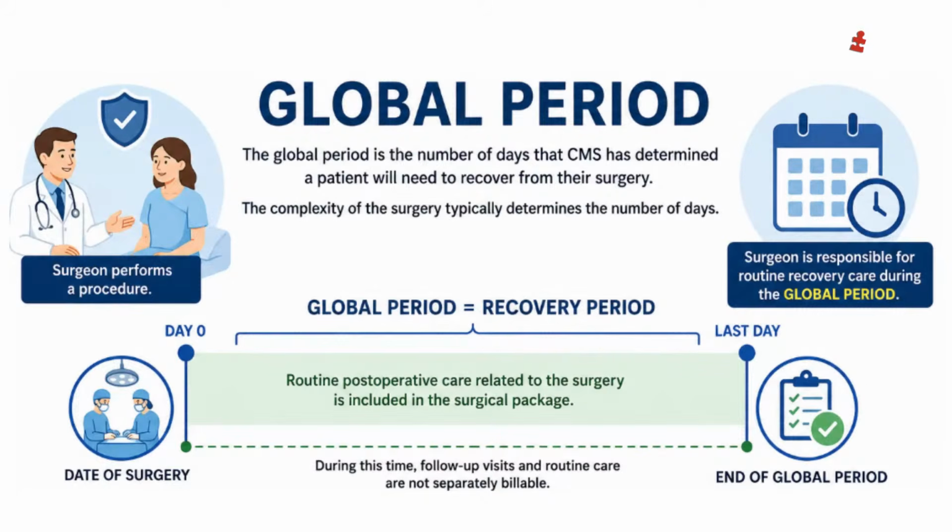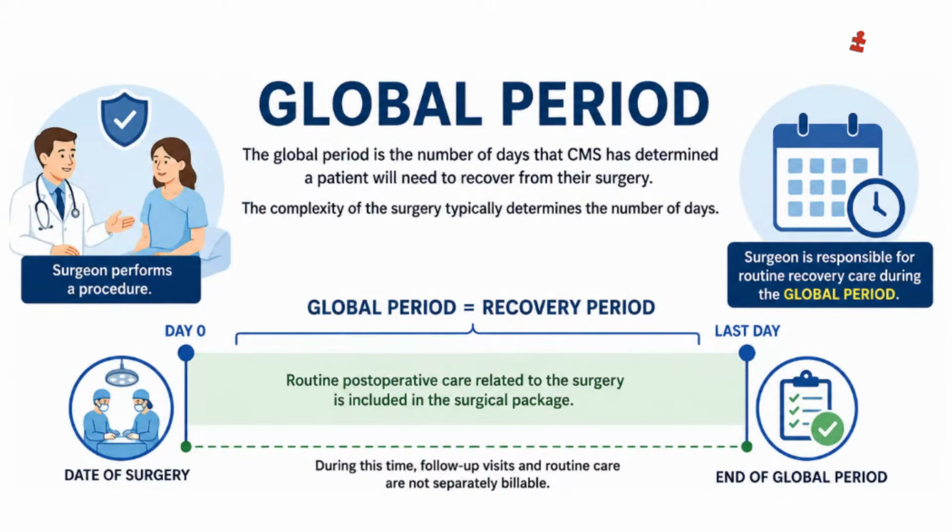And Medicare or CMS has given every single procedure in CPT a global period. Typically, if someone has a scopic procedure, like a laparoscopy or any kind of scopy procedure, the global period is 0. They said, hey, you don't really need any days, 0 to 10 days.